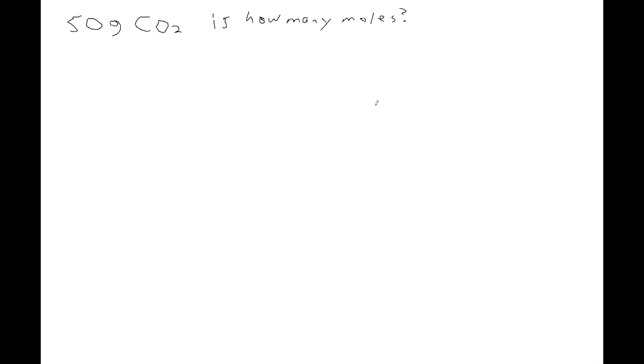Okay, so let's see. We need to find out how many grams are in 1 mole of carbon dioxide. That looks like it is going to be 44, I think. Yeah, 44. Okay.